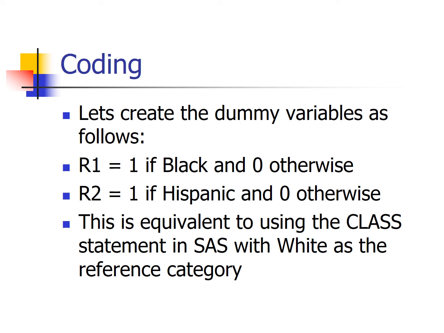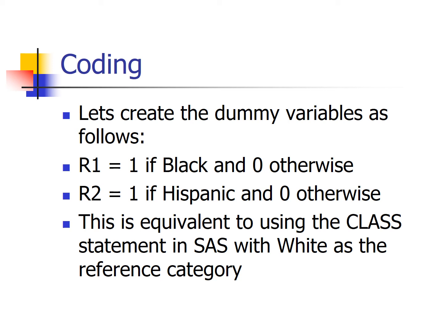So, if we have a categorical variable with 3 outcomes, then we're going to need to code that with 2 variables. Now notice this is also true for effect coding. If you have a categorical variable with 5 outcomes and you want to use effect coding, you're still going to need 4 variables.